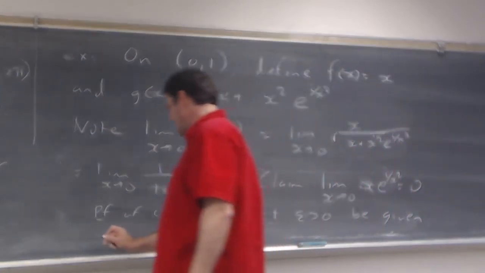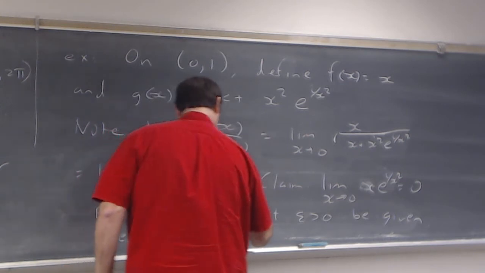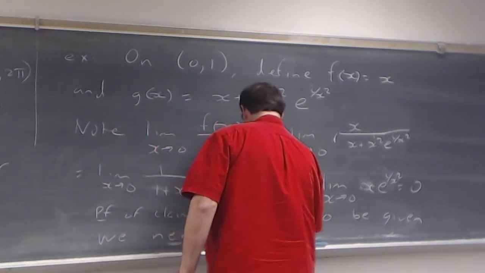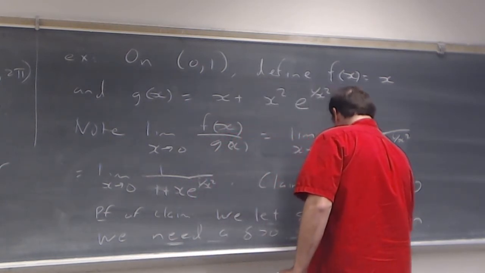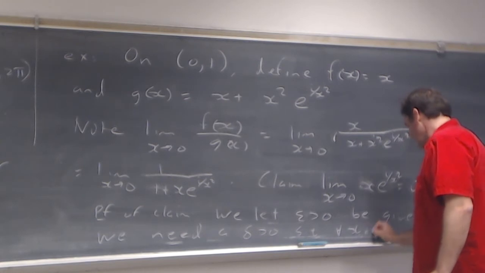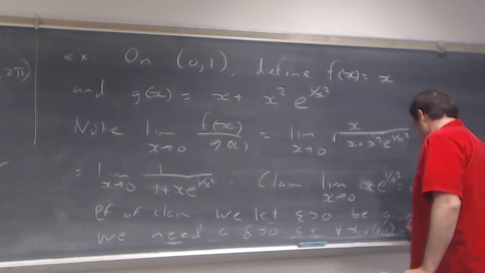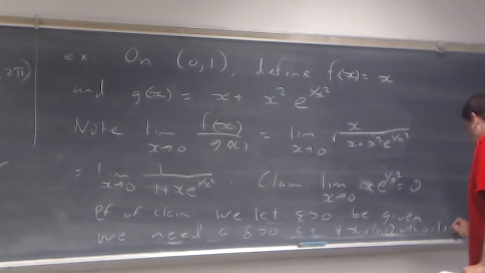We need a delta bigger than 0, such that for all x in 0 to 1 with 0 less than the absolute value of x minus 0 less than delta, this delta we're looking for.